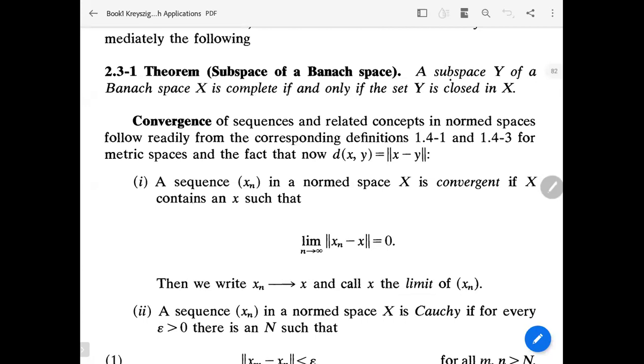So that is the analogous result. You can prove this easily along very similar lines. So you have a Banach space, that means you have a complete metric space, the metric induced by the norm. So try to write the proof, just following the proof of the analogous result in the metric space section.